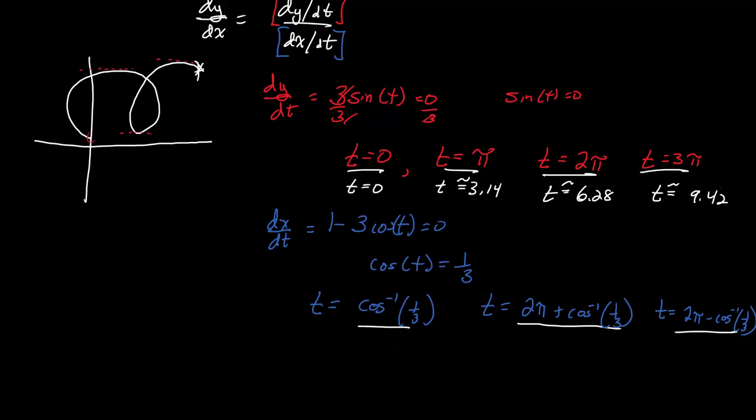Then plugging into our calculator, just doing this now, cosine inverse of 1/3 gives me a value of t approximately equal to 1.23, and then we're just going to add 6.28 to this and subtract from it.